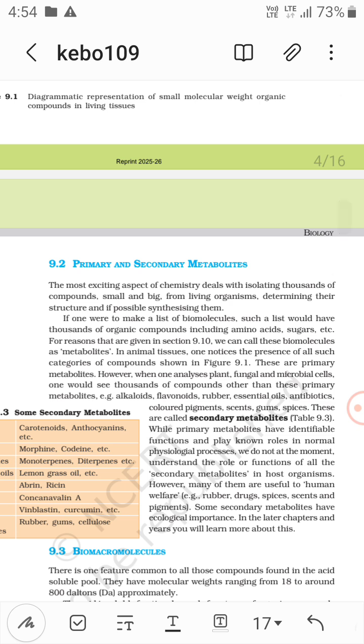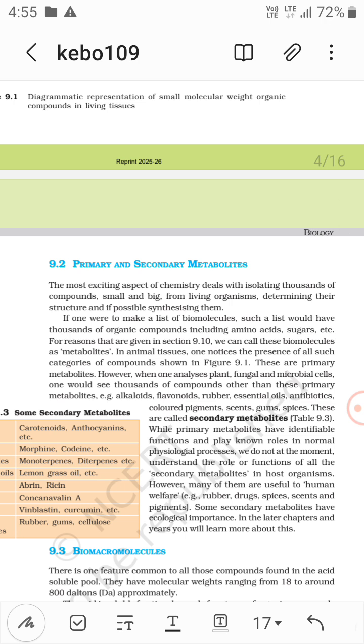Now primary and secondary metabolites. Amino acids and sugars, these are primary metabolites because they have an identifiable function and play known roles in normal physiological processes.